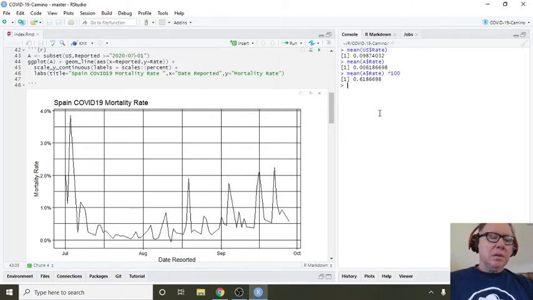It can't be 6%. So it must be 0.6%. Yeah. So let's go back up here and then let's do one more thing.